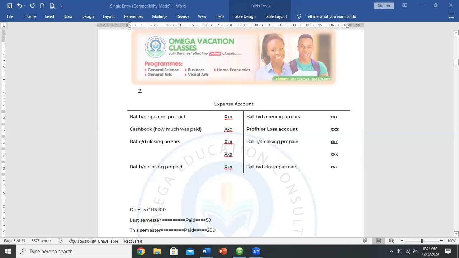So if it's based on accrual, then you spend 200, with a balance of 50 cedis carried to the next semester.